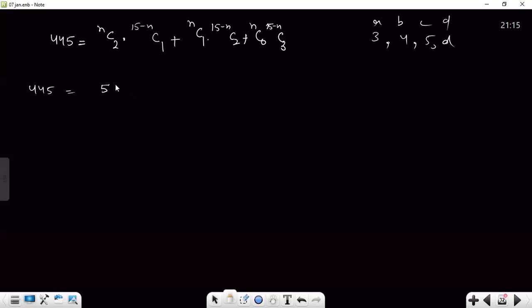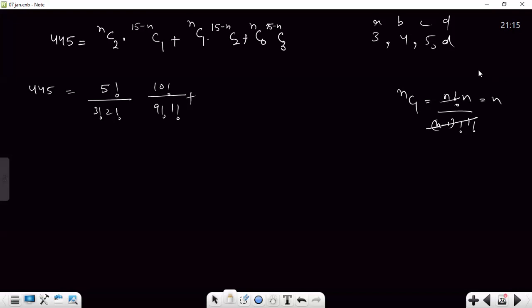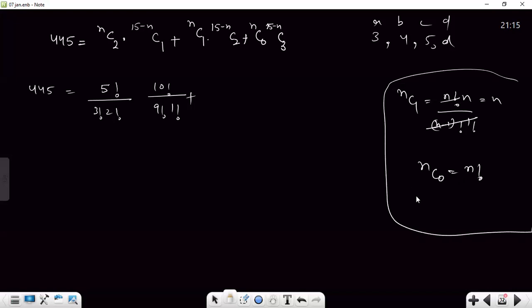5C2 is 5 factorial upon 3 factorial, 2 factorial, into (15 minus n)C1, which is 10 factorial upon 9 factorial, 1 factorial. Plus, we know nC1 is n only. Let me prove that: this cancels, this becomes n only. And nC0 is n factorial.